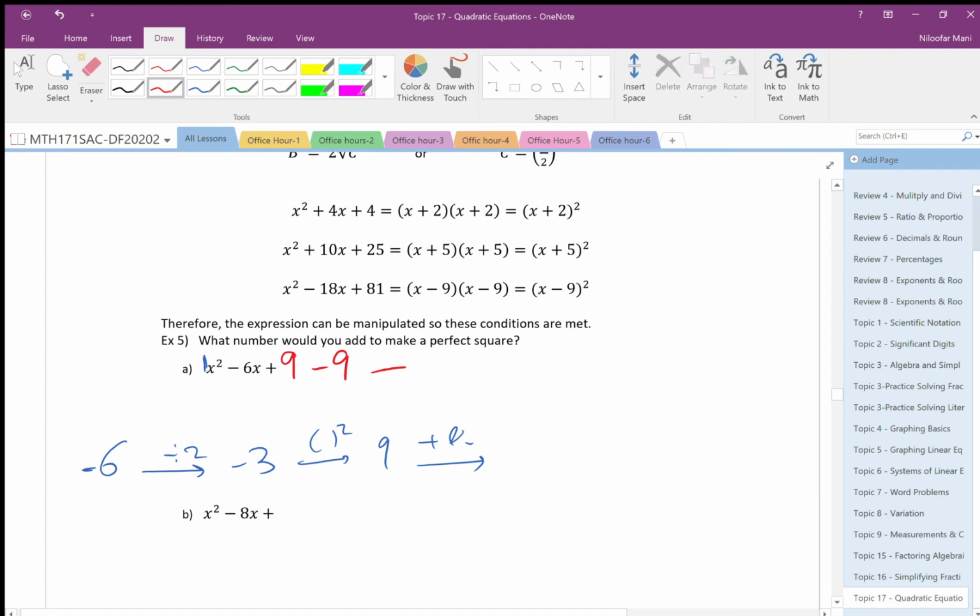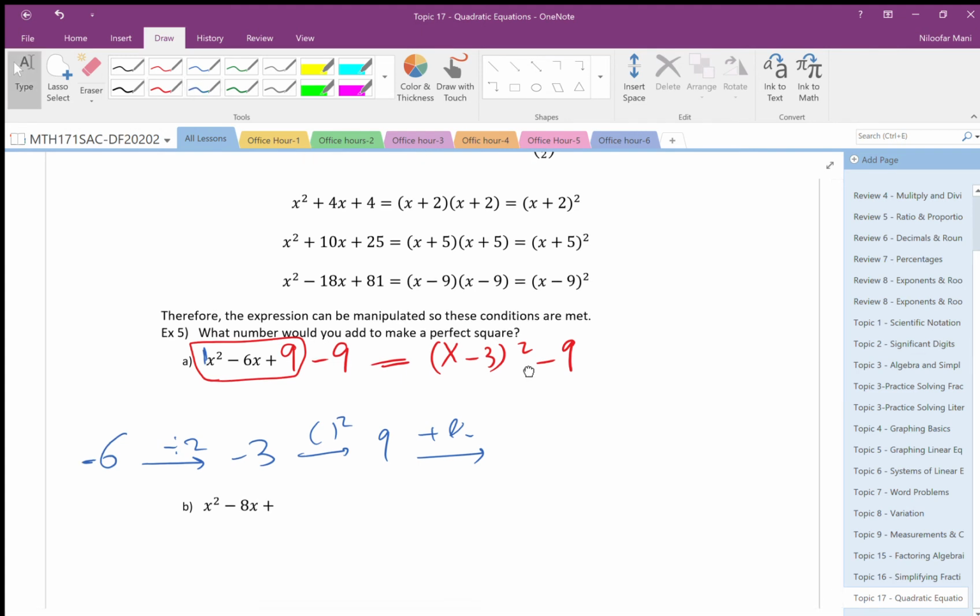So it is x minus 3 squared minus 9. These go together, and always the positive one is considered, because when I use Pascal, always the last one is positive. I have x squared, I have the number squared, and I have the middle one, which is either positive or negative.